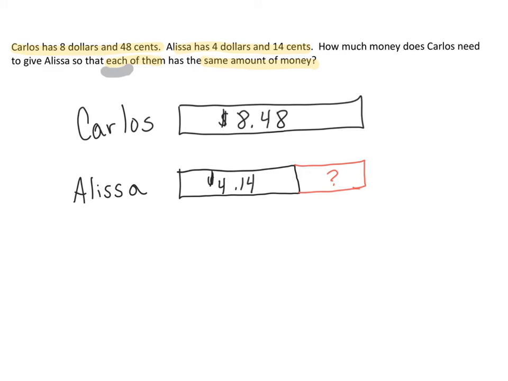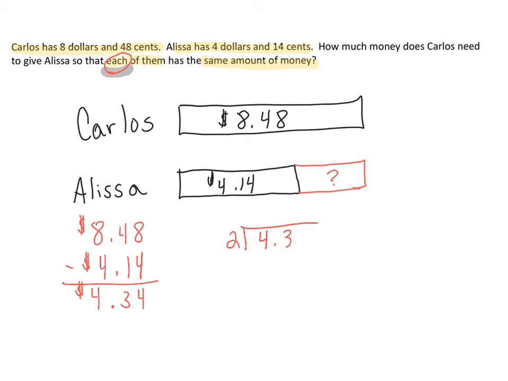Well, what we're going to need to do is subtract $8.48 and $4.14. So we get $4.34. So if we take this, and we want each of them to have the same amount, that means we're going to split it in half, which means we're going to be dividing by 2. So $4.34. 2 goes into 4 twice. 2 times 2 is 4.